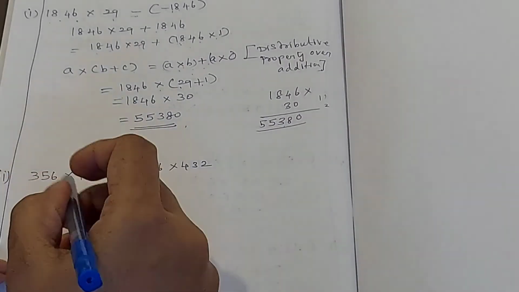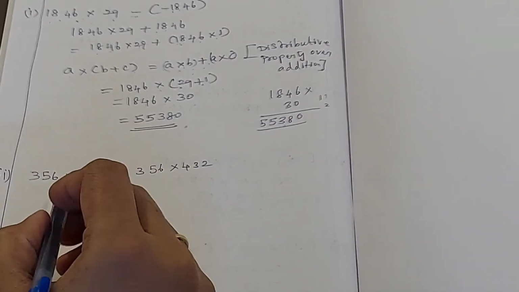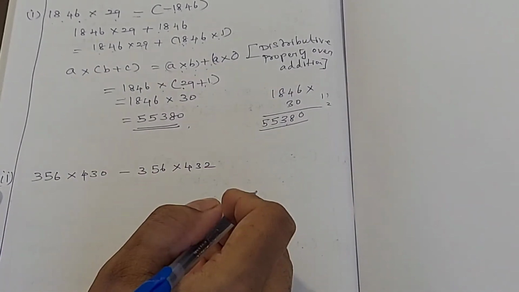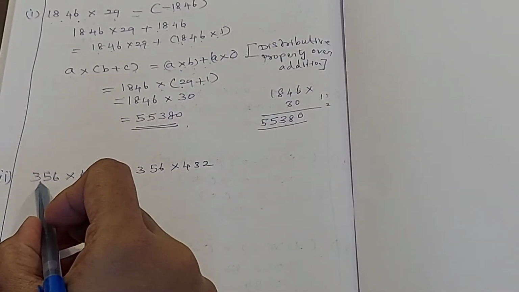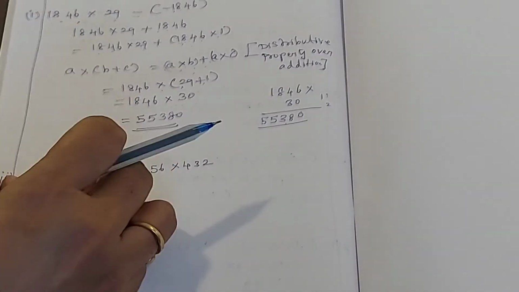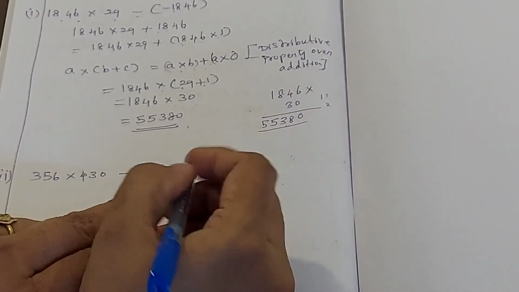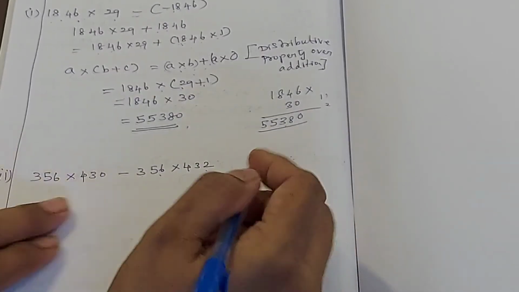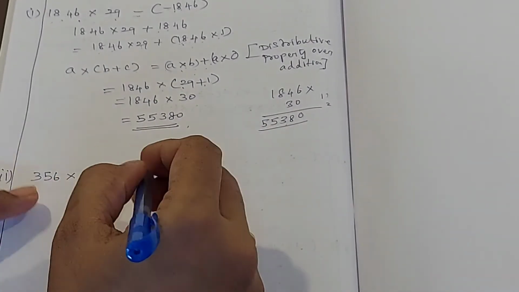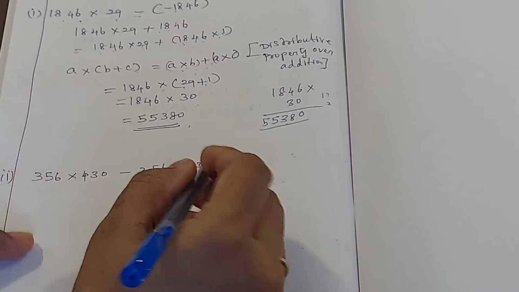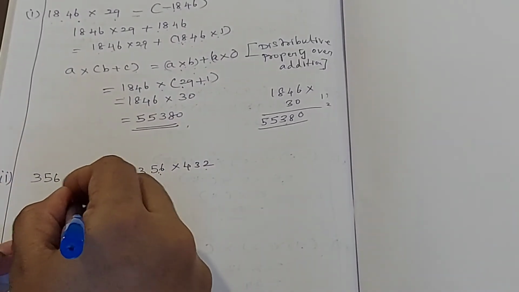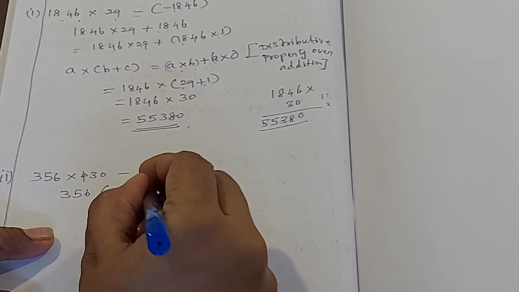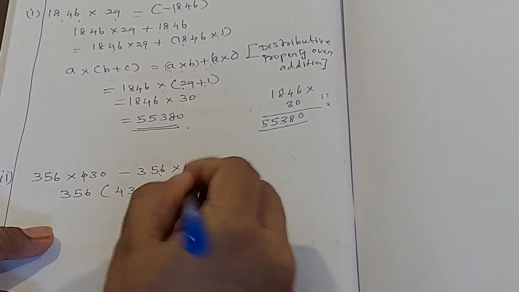Okay, see, first you just see the problem clearly, then only you know which property they have used here. See, 356 into 430 is the first term, and in the second term also the same number is repeating here, 356 into 432. So instead of writing this 356 again and again in both terms, you can take out this 356 and you can write 430 minus 432, right?